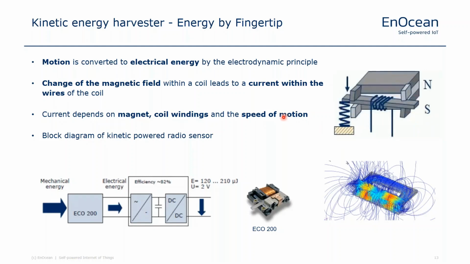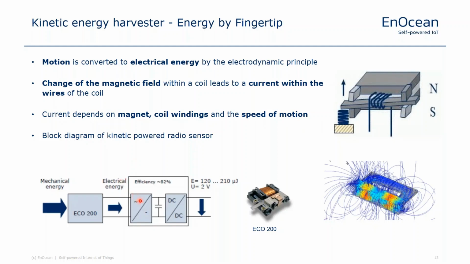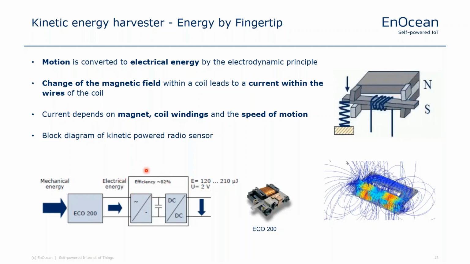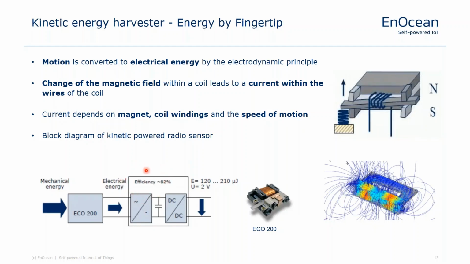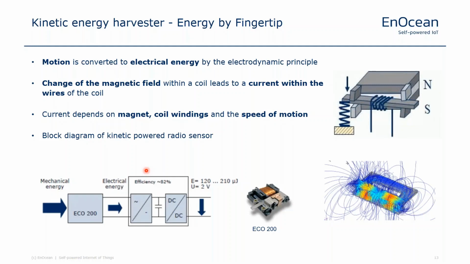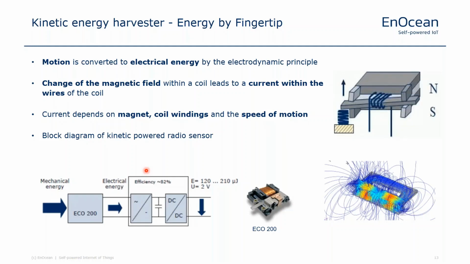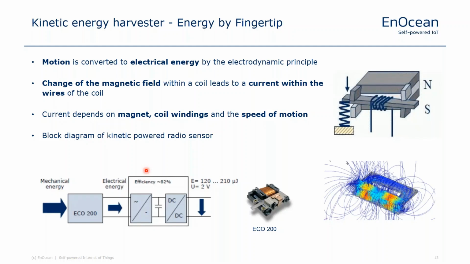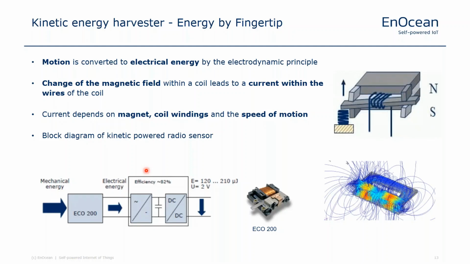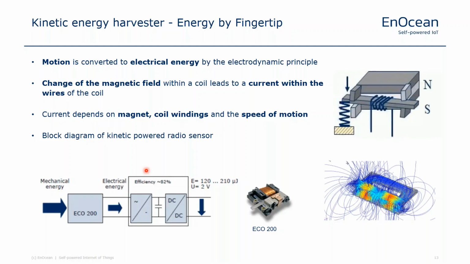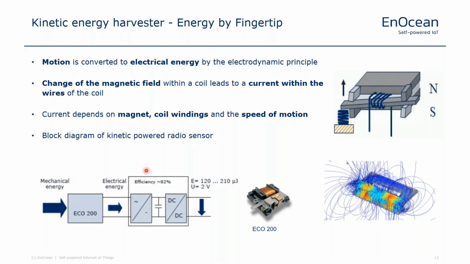The wires are connected to a converter. It depends on the strength of the magnet, on the coil windings, and the speed of the motion. Then you get different pulses out of the generator.